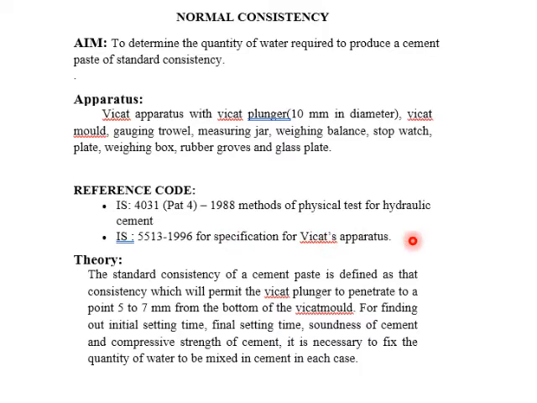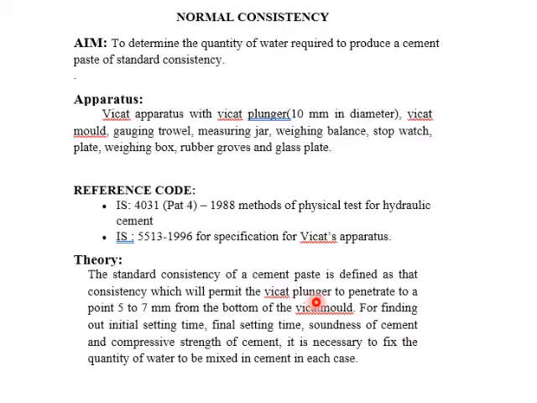Before I give the procedure for this standard consistency test, let's study some of the theory. The standard consistency of cement is defined as the consistency which will permit the Vicat plunger, which is a type of needle, to penetrate.